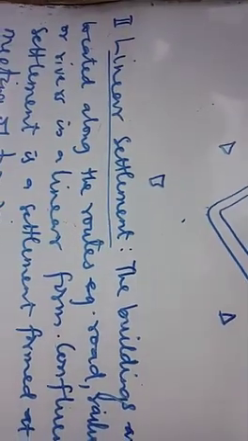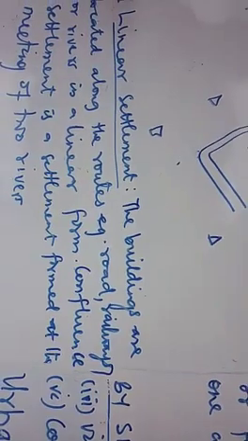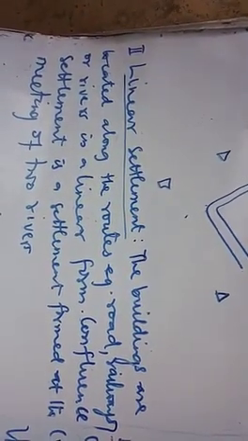The second one is linear settlements. The buildings are located along routes, for example, roads, railways, or rivers, in a linear form. As we know, a place where two rivers meet is called a confluence town.